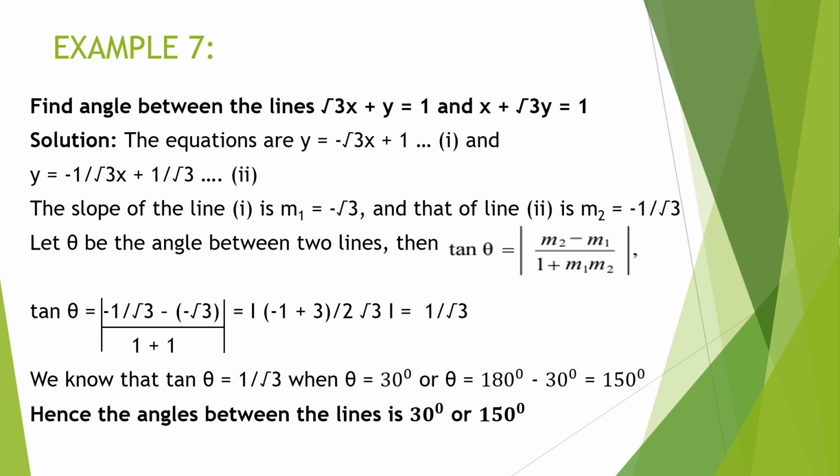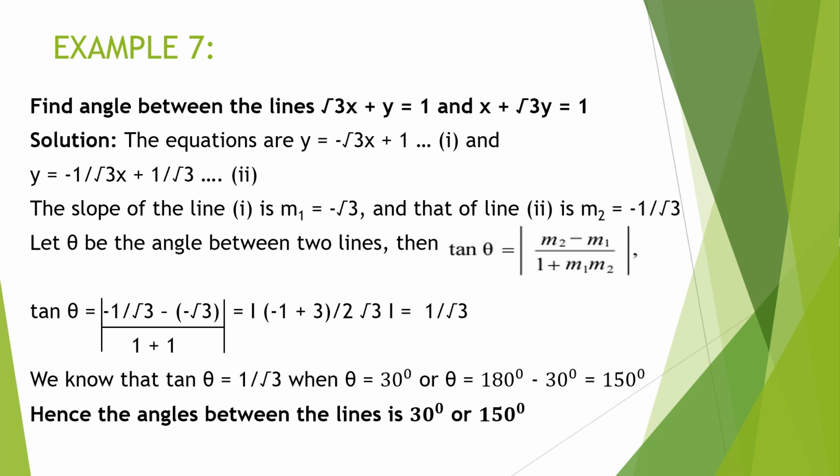Now in the previous video we had seen that if the angle between the two lines is theta, then tan theta is given by mod of m2 minus m1 upon 1 plus m1 into m2. So putting the values of m1 as minus root 3 and m2 as minus 1 upon root 3 and simplifying, we get the value of tan theta as 1 upon root 3. But remember, since it is mod, it can be plus or minus.